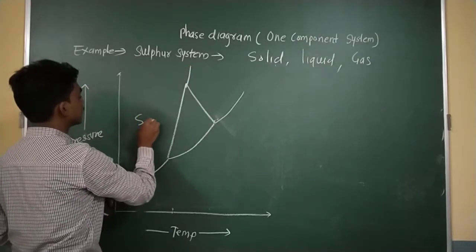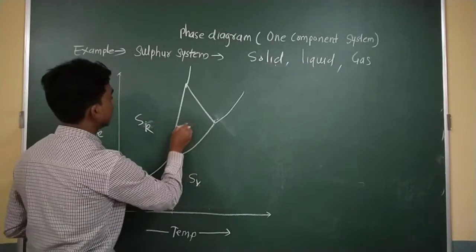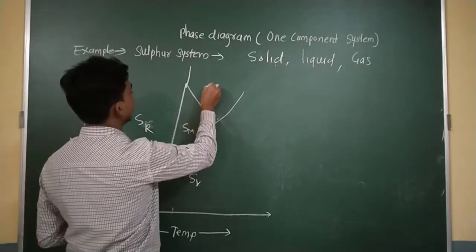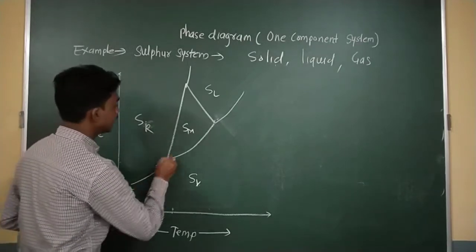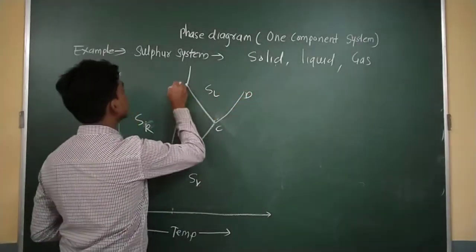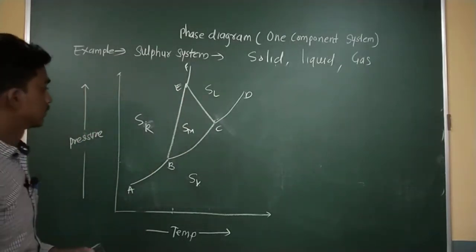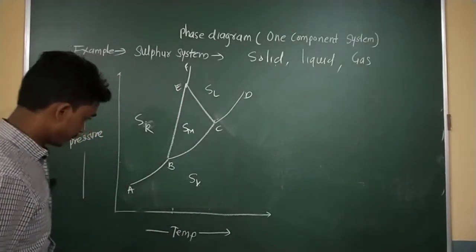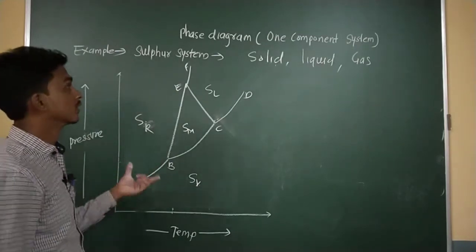SR, SV, SM and SL, with points A, B, C, D, E and F like that. What does this phase diagram of the sulfur system indicate?